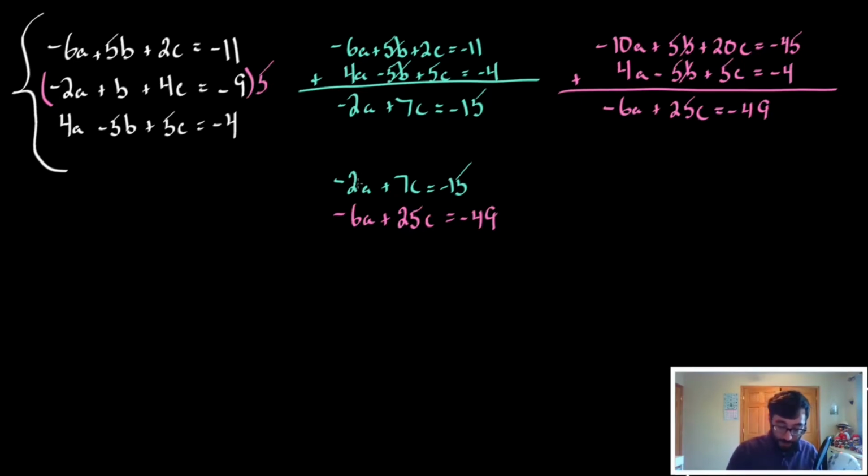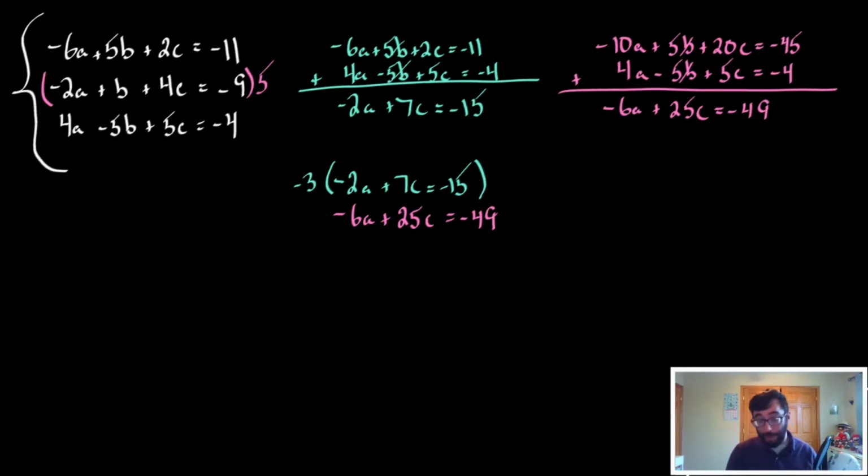Also, if I'm looking at the coefficients on A, I have -2 and -6. If I multiplied this top equation here by -3 or +3, you can use whichever one, but if I multiplied it by -3, this would become a +6a. So when I add the two equations together, the a's would end up canceling.